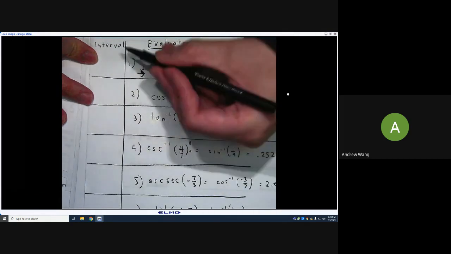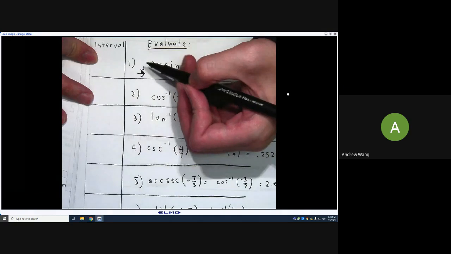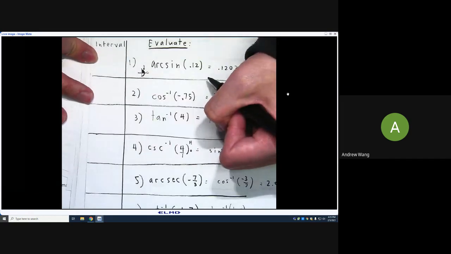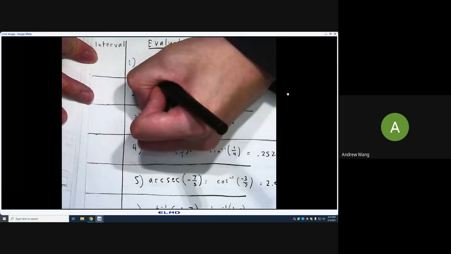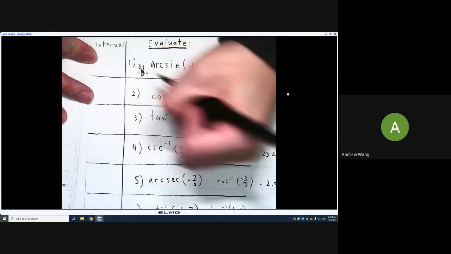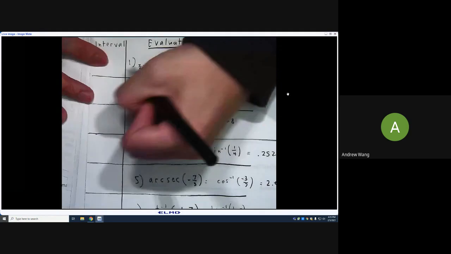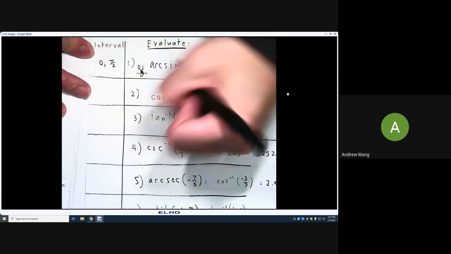Okay, now, if we're going to give the interval for quadrant 1, use your unit circle values. So quadrant 1 starts at 0 degrees, or 0 radians, and it stops at π/2 radians. So the interval of this problem was 0 to π/2. It's based on the unit circle.